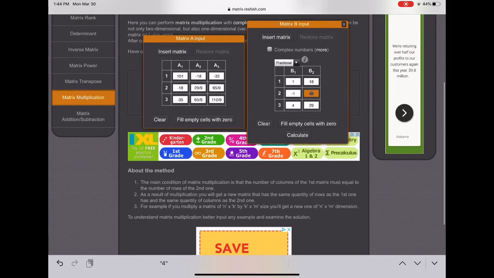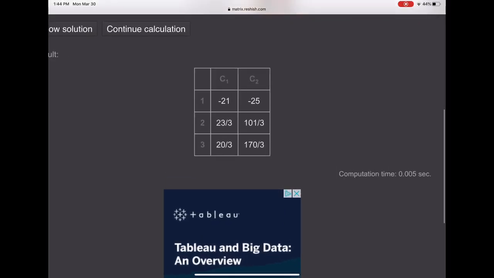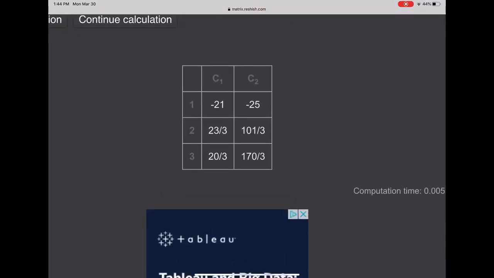Okay, and just calculate this. Here's our answer. Negative 21, negative 25, 23 over 3, 1013, and then 20 over 3, 170 over 3. So this is how we can solve such a problem.